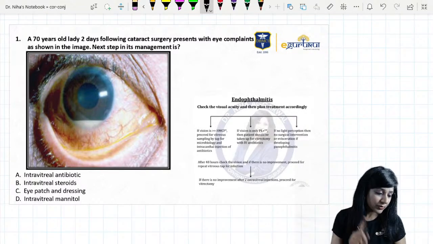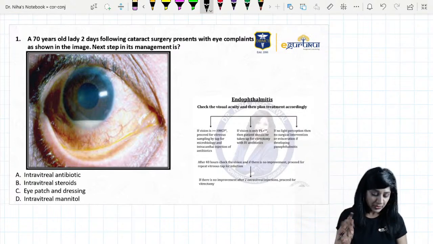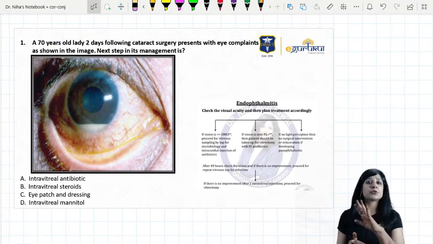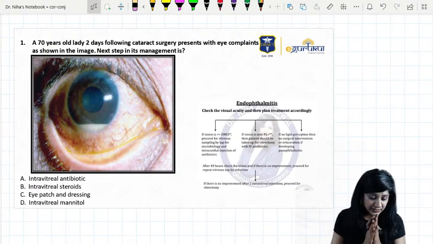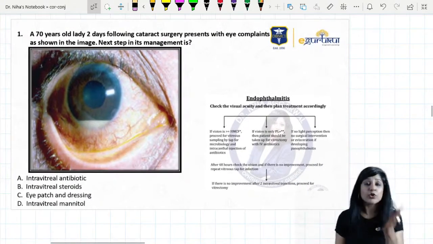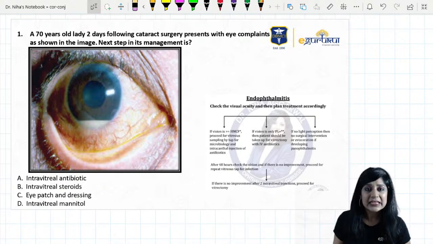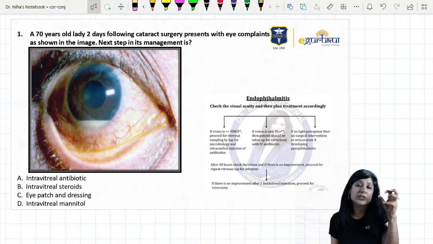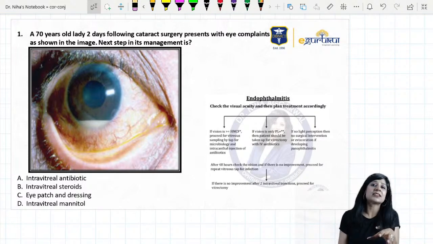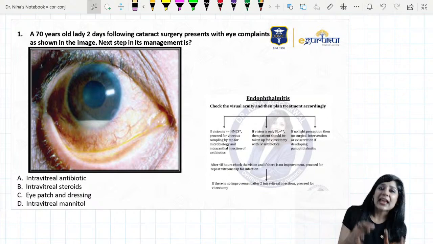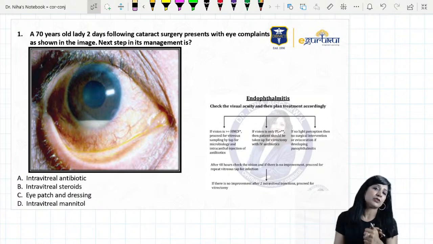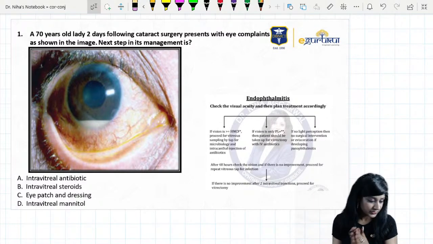Descemet's membrane and endothelium are separate layers, and Descemet's membrane can regenerate. Now see this question. I told you we'll be doing a lot of questions. Yes, Descemet's membrane is a secretion. Half of it is the fetal layer which is already present, and the other half is the adult layer which is secreted by the endothelial cells also. So you are correct in that way.